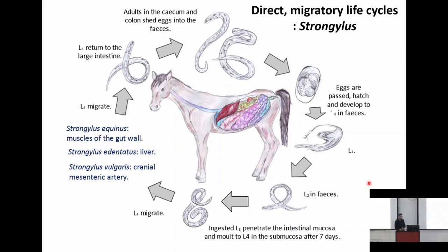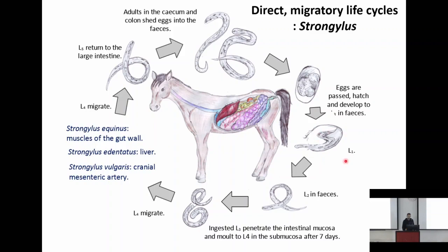For example, for migratory behavior in any of these species, the male and female mate, and the female lays eggs that pass out along with the feces into the environment, in the grass, where they convert into L1 stage larvae.